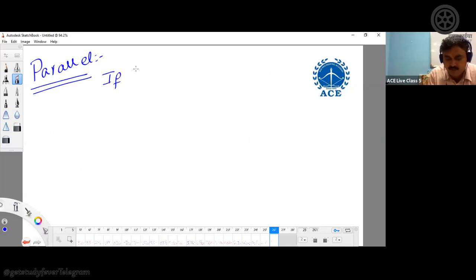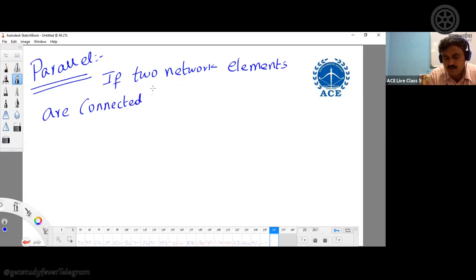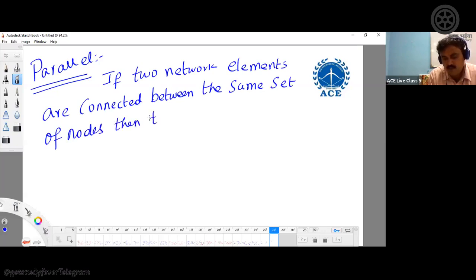If two network elements are connected between the same set of nodes, then the network elements are said to be in parallel.